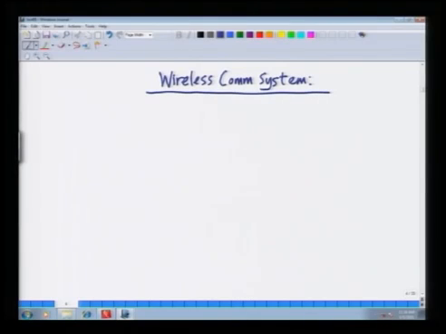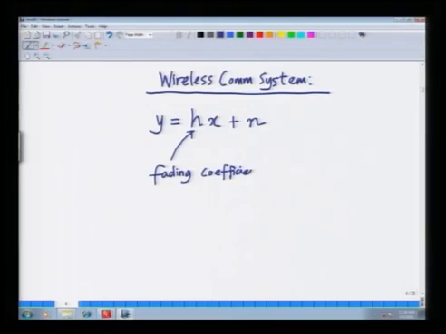Let me start with the wireless communication system. We said in a wireless communication system, there are two aspects, that is y equals h x plus n, that is the system model. Now, h is the fading coefficient, and n is the noise.